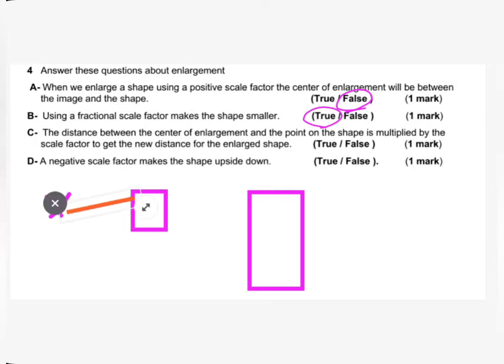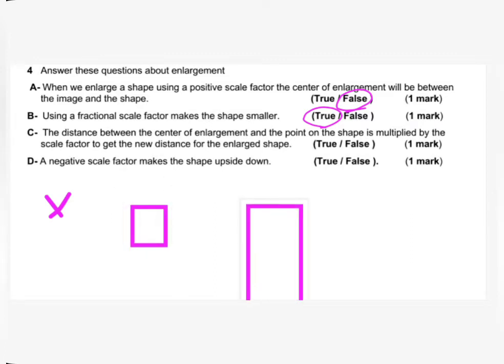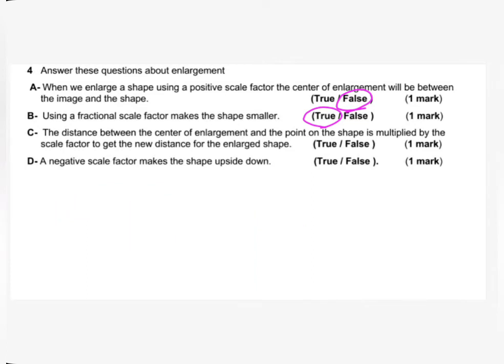After finding the distance, we multiply it by the scale factor to get the new distance. So this is the idea of enlarging a shape. We find the distance between a point and the center of enlargement, and then we multiply it by the scale factor to get the new distance. So this statement is true.